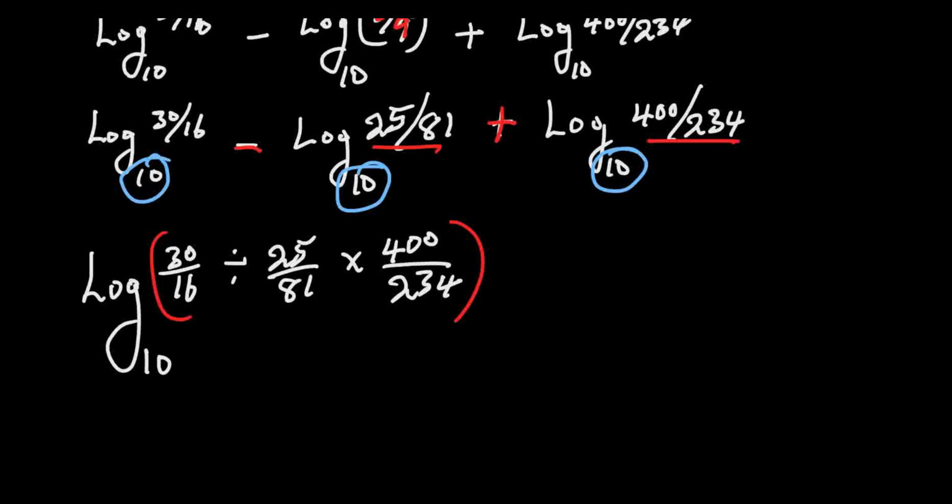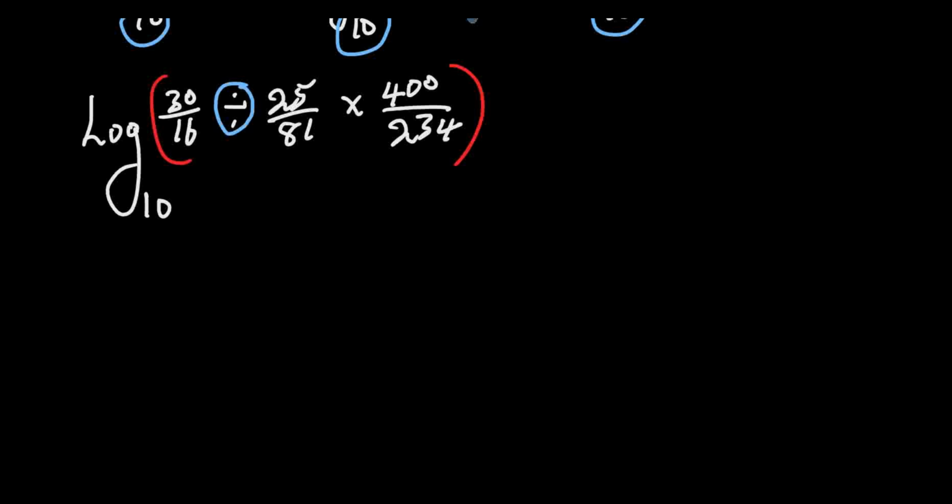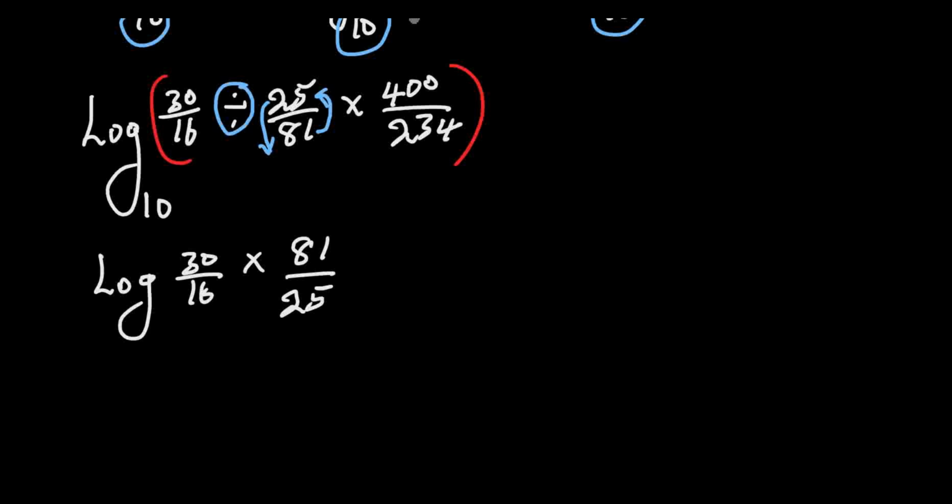So we have to simplify this. So now let's change this division sign to multiplication, and once that happens, we are going to switch 81 up and 25 down. So this will become log 30 over 16 times 81 over 25 times 400 over 234 to base 10.